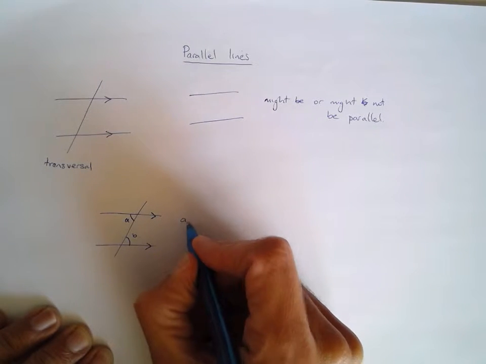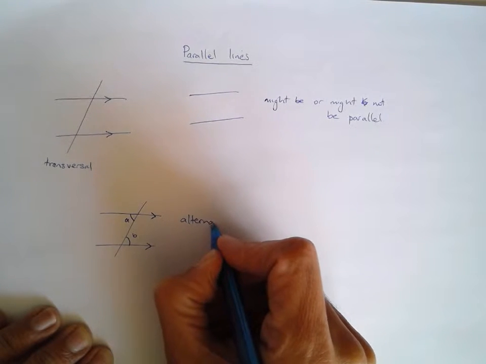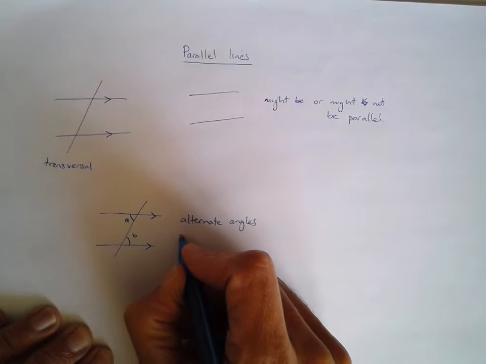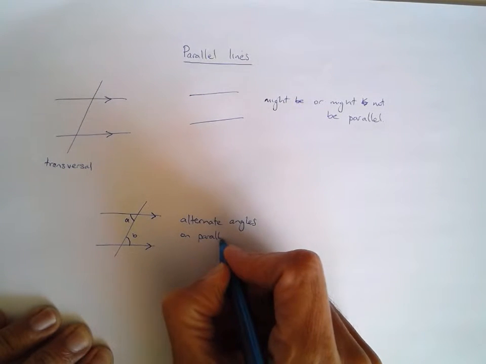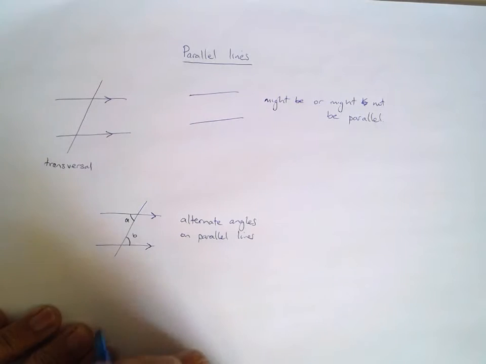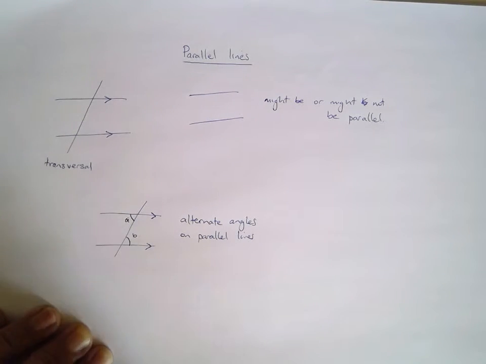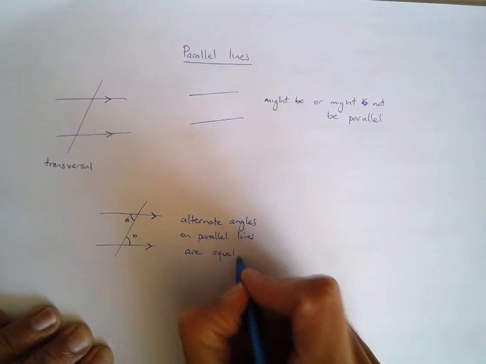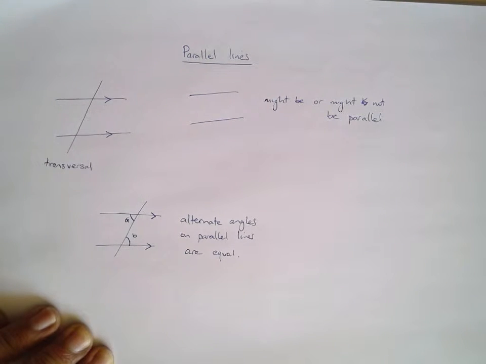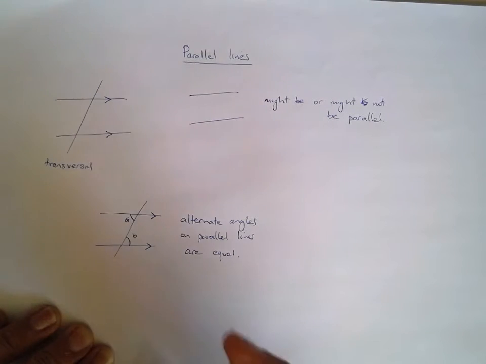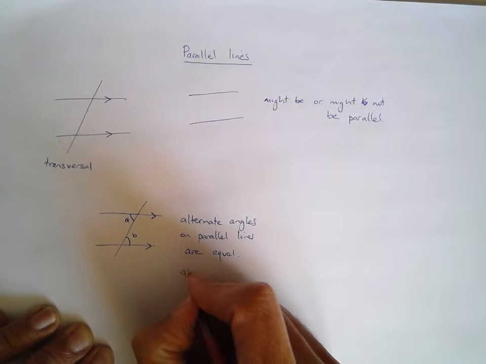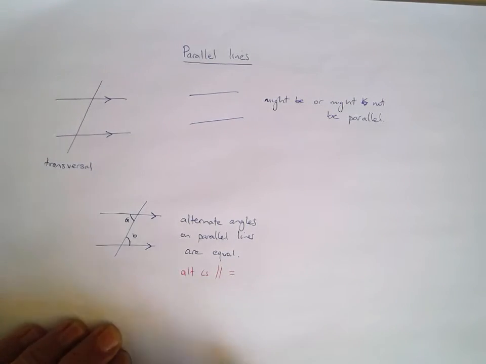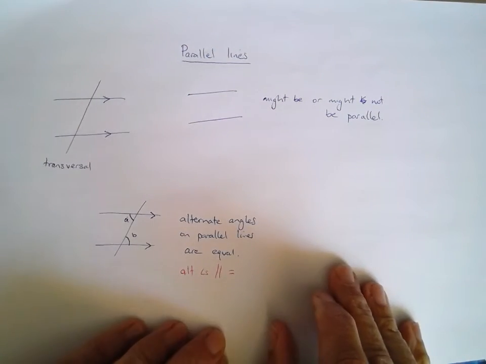So alternate angles on parallel lines, they're equal. A and B will be equal to each other. And our shorthand for that, we could write something like alternate angles, parallel lines equal.